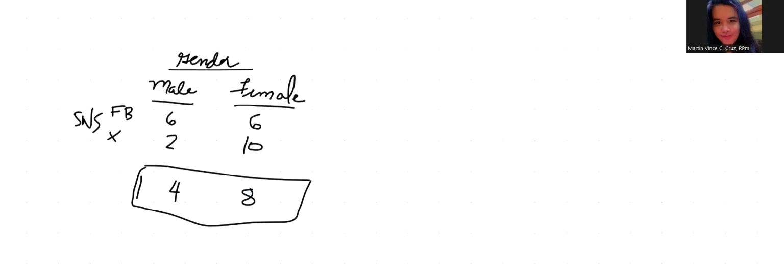So now let's check for whether or not the social networking site has a main effect. So 6 plus 6, 12 divided by 2 is equal to 6. Next, 2 plus 10 divided by 2 is 6.